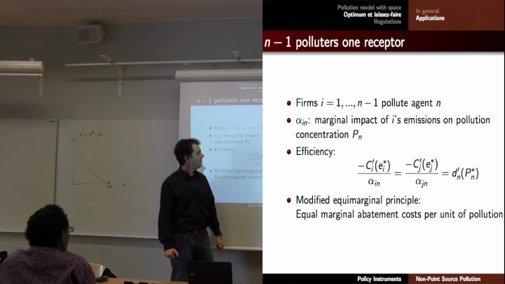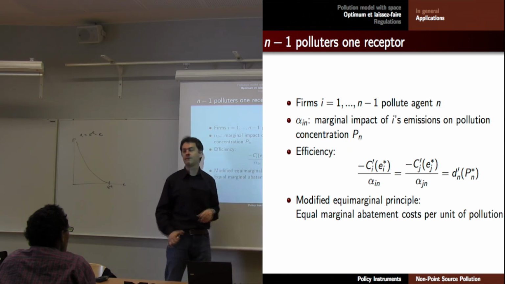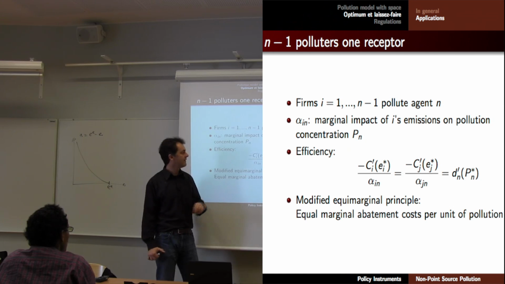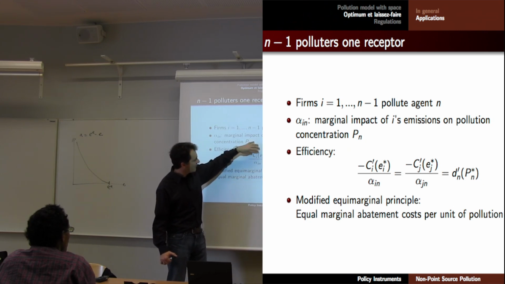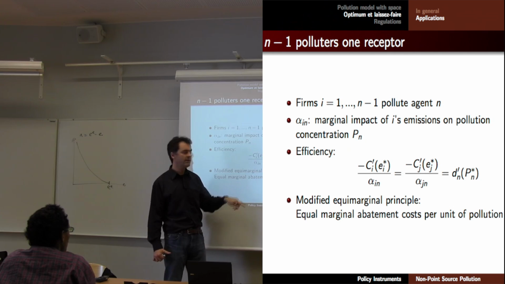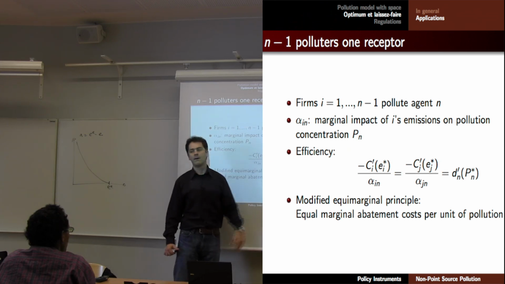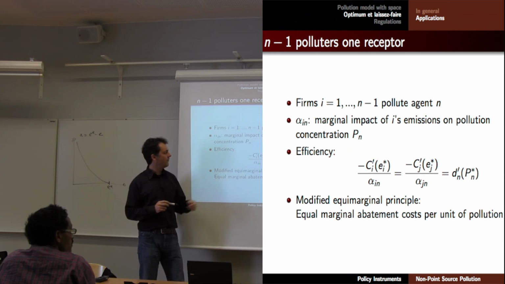But if you want to figure out what it implies in terms of emission, you have a modified equimarginal principle. This will be the level of abating emission, and this will be the cost of abating emission for agent I. When you divide it by the transfer coefficient, this is the cost of abating pollution from source I in N, suffered by agent N. So you should equalize abatement cost per unit of pollution.